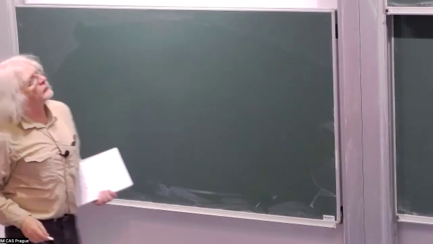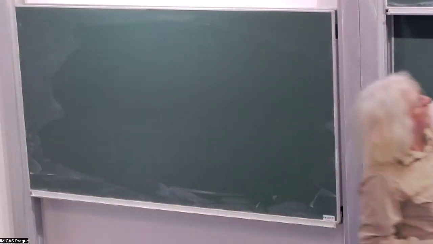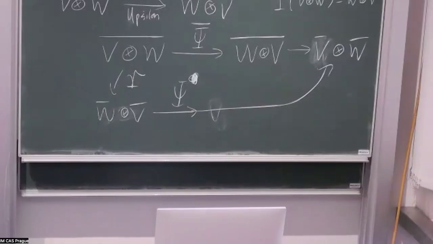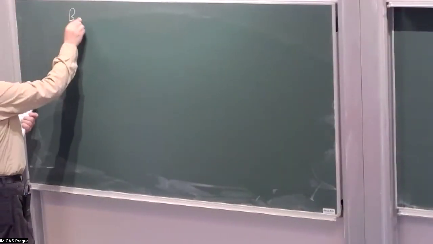So I'm going to claim that with this reality condition on the braiding, which is just the braiding rather than its inverse there, B plus is a star algebra.